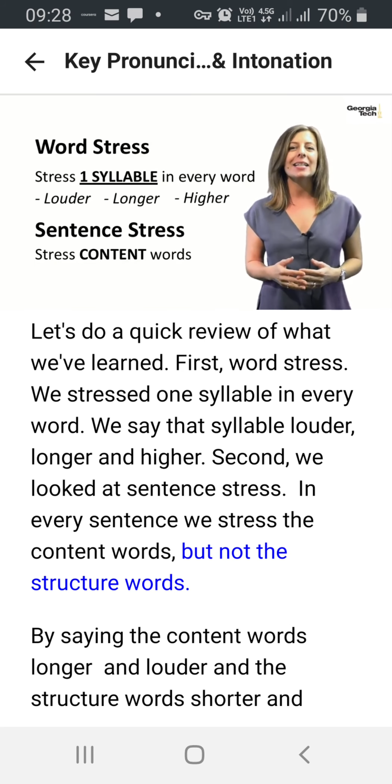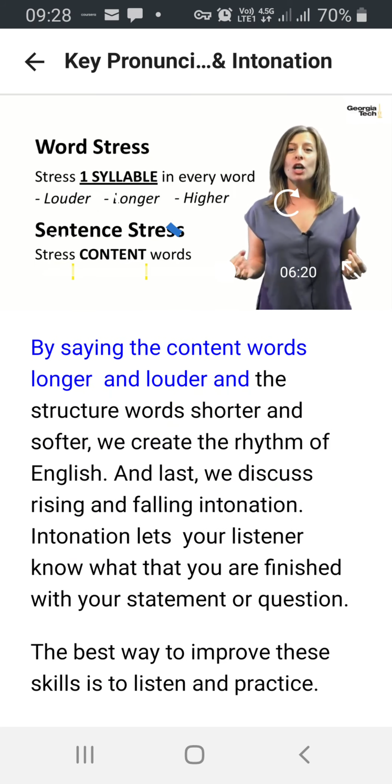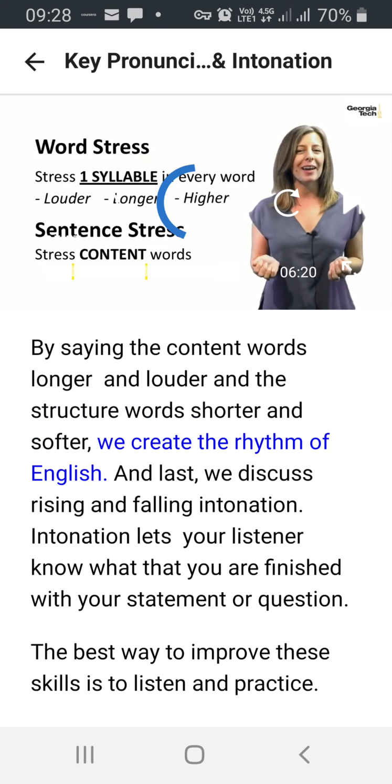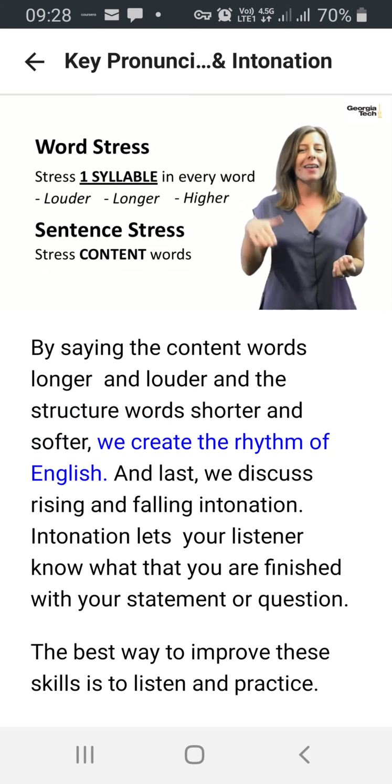By saying the content words longer and louder, and the structure words shorter and softer, we create the rhythm of English.